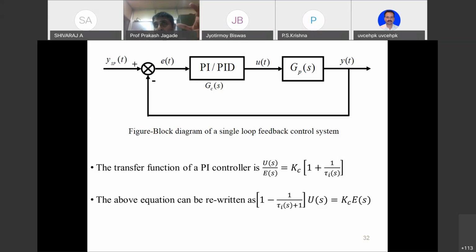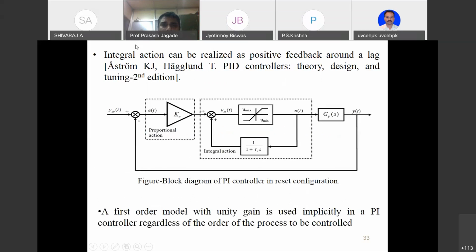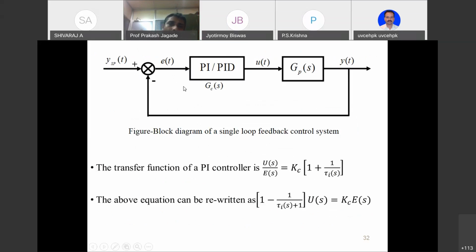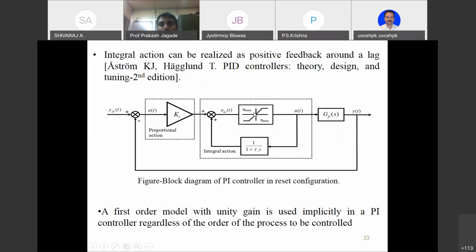Here is the same PI controller which was shown in the slide, represented in a different form. I have realized the PI controller with the help of two blocks: Kc times error, that is your proportional part, plus the integral action, which has been realized as a positive feedback around a lag element.